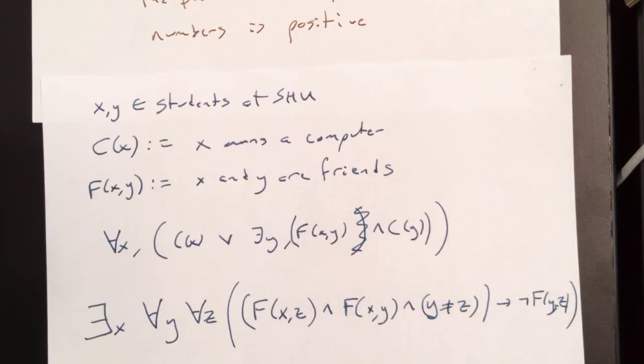But it's not just at least two people. This is a very weird circle of friends, right? There is a person so that for all of their friends, right? For any Y, for any Z, if you're friends with X and someone else is friends with X, then you're not friends with that person. This person's social circle isn't a circle, it's a star.